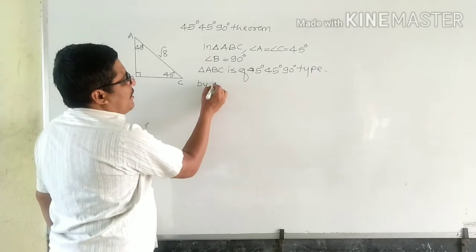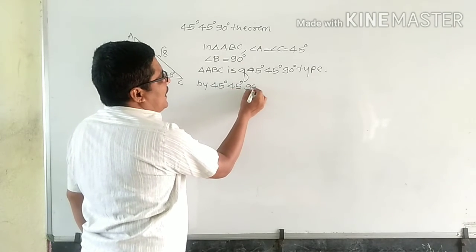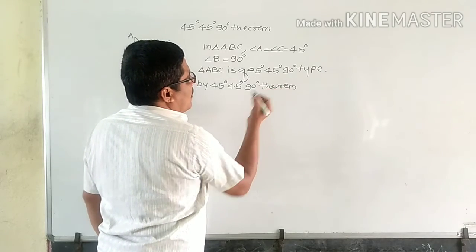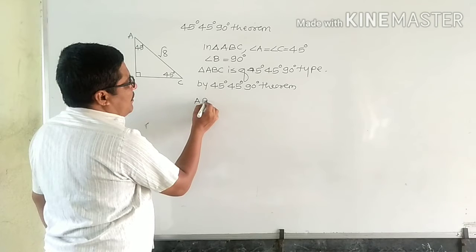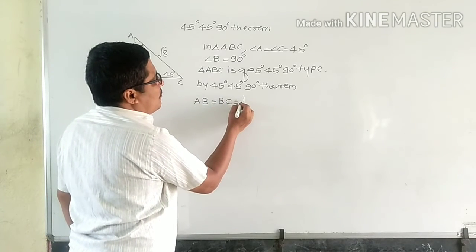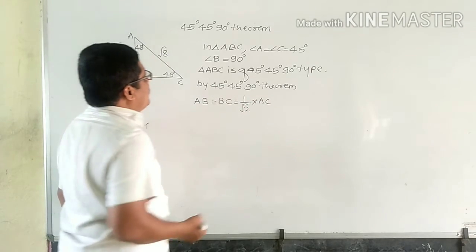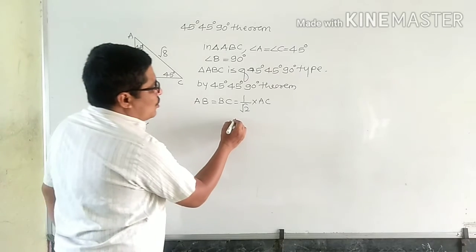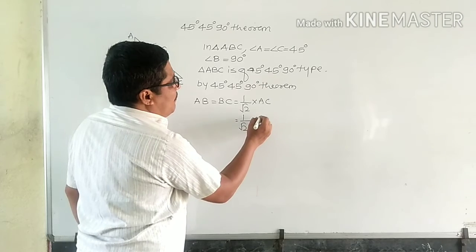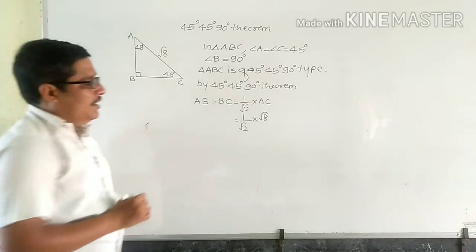Therefore by the 45, 45, 90 theorem, we can write AB is equal to BC is equal to 1 upon root 2 times AC. So 1 upon root 2 multiplied by AC, which is root 8.